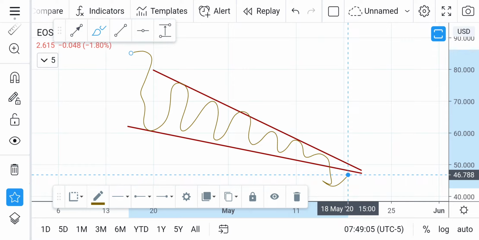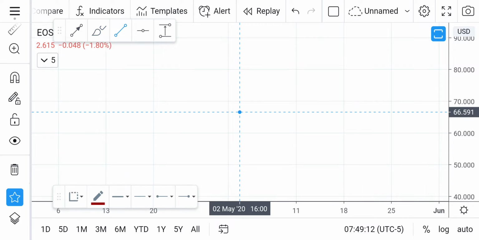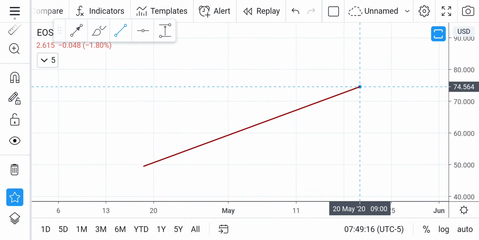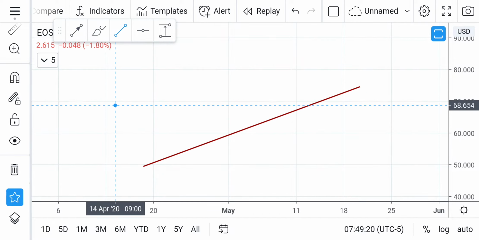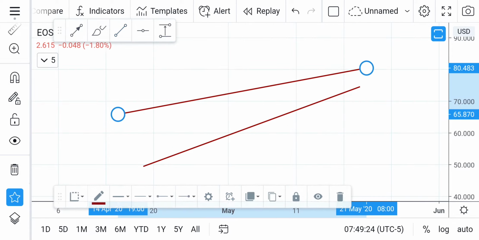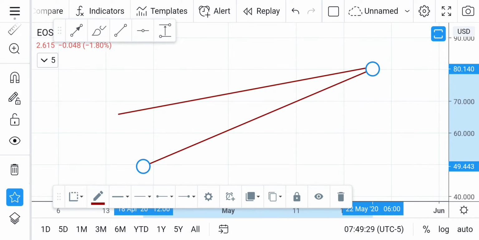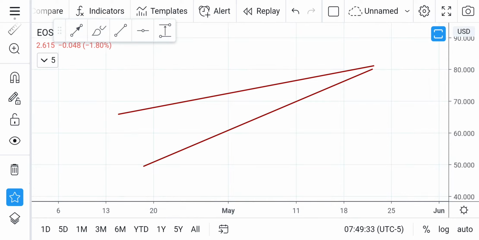The next one I'm going to talk about is the rising wedge. For the rising wedge it looks something like this. You have a trend line sloping upward, and another trend line sloping upward as well. If you don't look very well, you might say this is an ascending triangle.